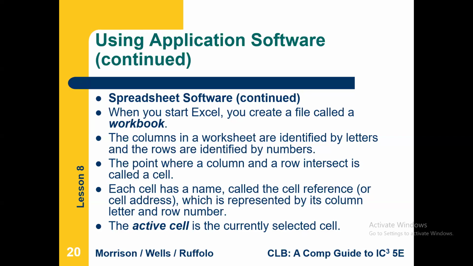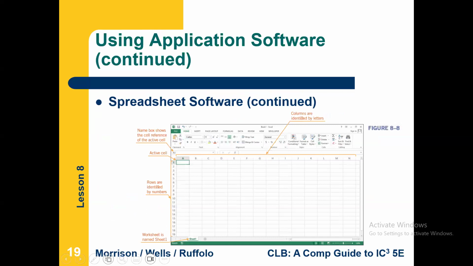So a cell has a name, and then we call it the cell reference, or if you want to refer to a particular cell, we call it the cell reference or the cell address. And usually this is represented by the column letter followed by the row number. So if you watch this one critically, the name or the cell reference is what is shown here.